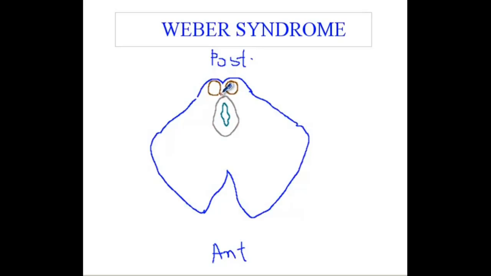And then we have the third nerve nuclei and the fascicle of the third nerve. The third nerve nucleus is here on one side, and you have the other side. The third nerve goes like this, so you have the fascicle of the third nerve here.